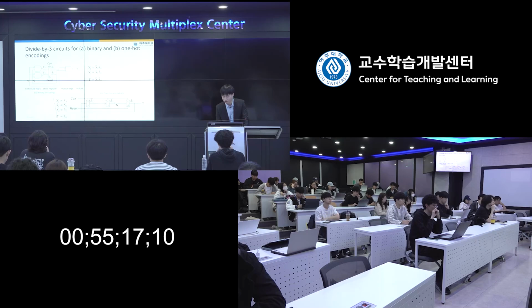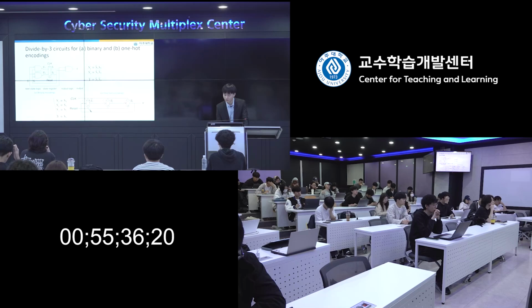Then S2 will be the S0 prime, right? So S2 prime outputs S2. Then from here, S0 equals S1 prime. Actually, it will come back to here, S1 prime, right?